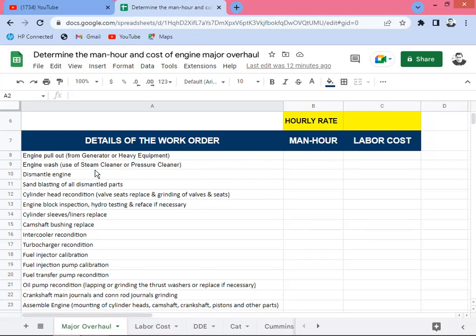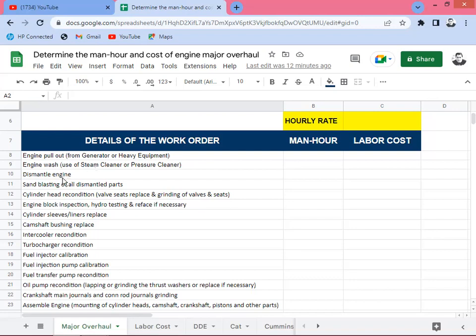If there are some oil spillages, some oil leakages, then you use a steam cleaner. A steam cleaner is hot steam coming off from the nozzle or from the hose, and that would be good in removal of oil spillages all around the engine.